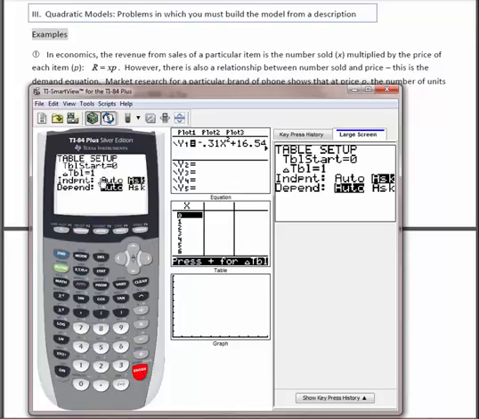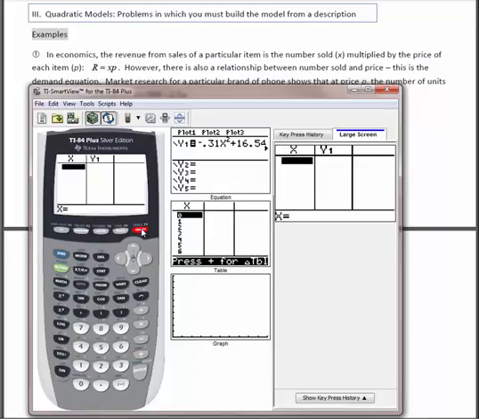Once this is set, if you don't change it, it'll be like that forevermore, so you'll be able to use this over and over in this way. I'm now going to go to a second table. Table is above the graph key. And it's now going to allow me to put any x values I like in here, and it will give me the output.